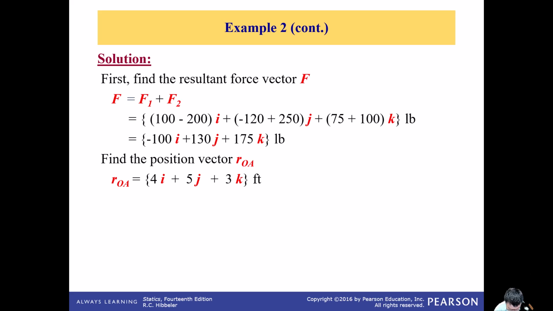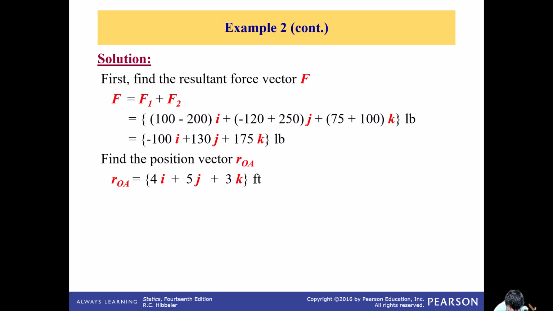So the answer will be negative 100 i plus 130 j plus 175 k lb. That here is the resultant force. In other words, it is the addition of the forces F1 and F2.